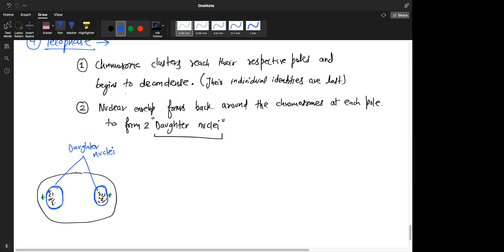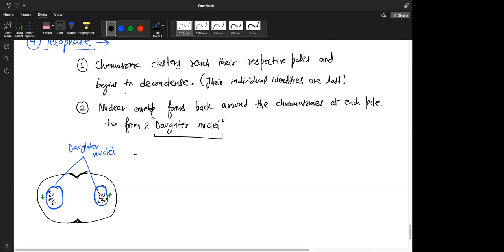And also what happens? You will see that there is a small furrow formation that has started in the cell, because this is marking the initiation of cytokinesis, but still karyokinesis is finishing.